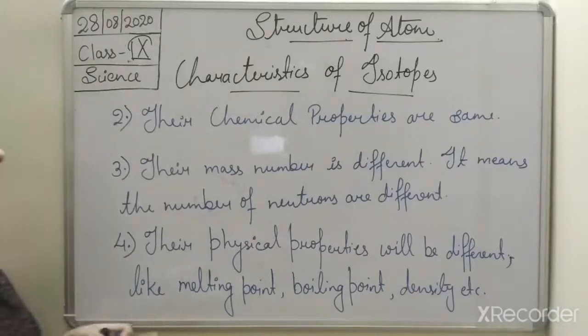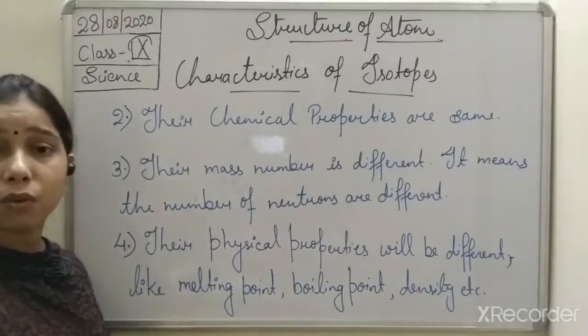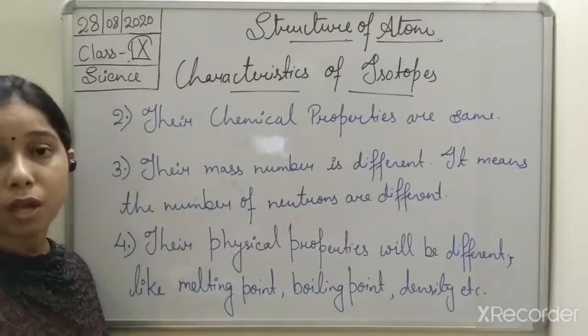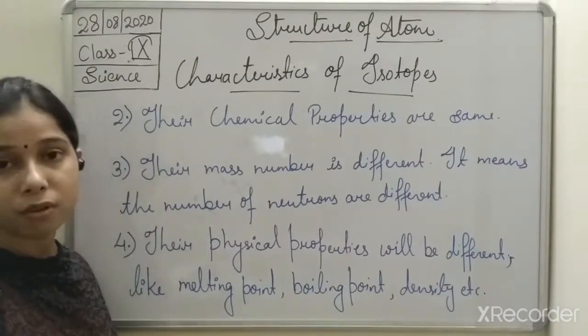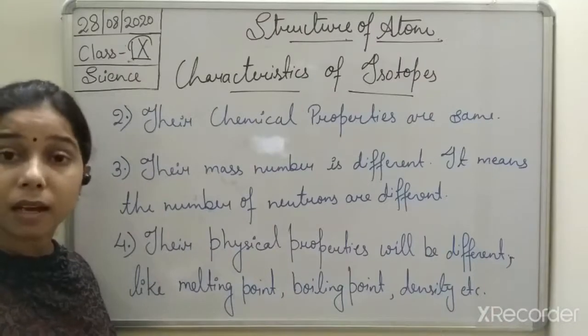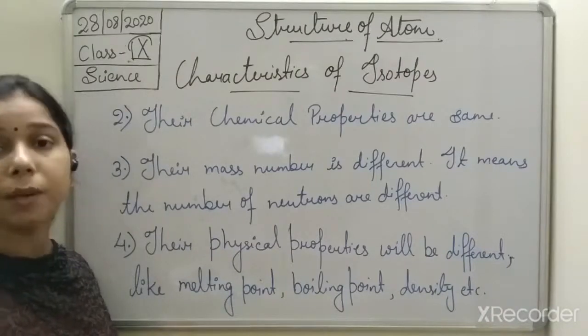Now you see, since there is a change in the number of neutrons, if different numbers of neutrons are present, it means they have different nuclear properties.